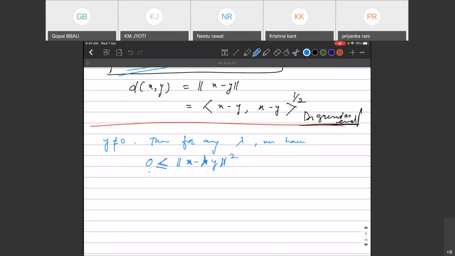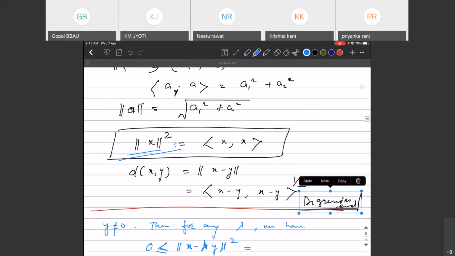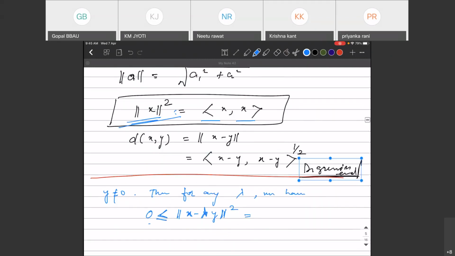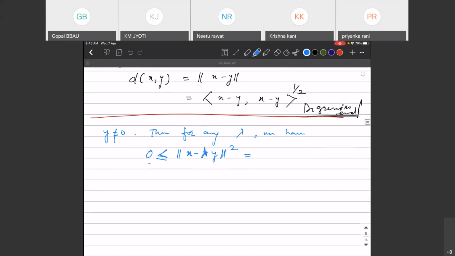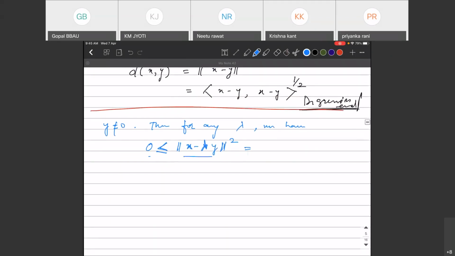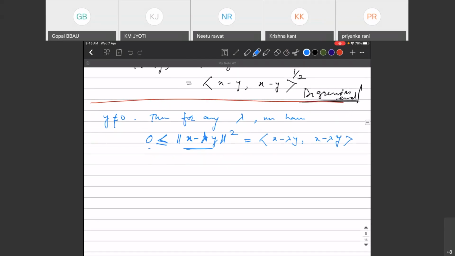By definition, the norm squared of this vector is the inner product of x minus lambda y with itself. Now use the definition of inner product.